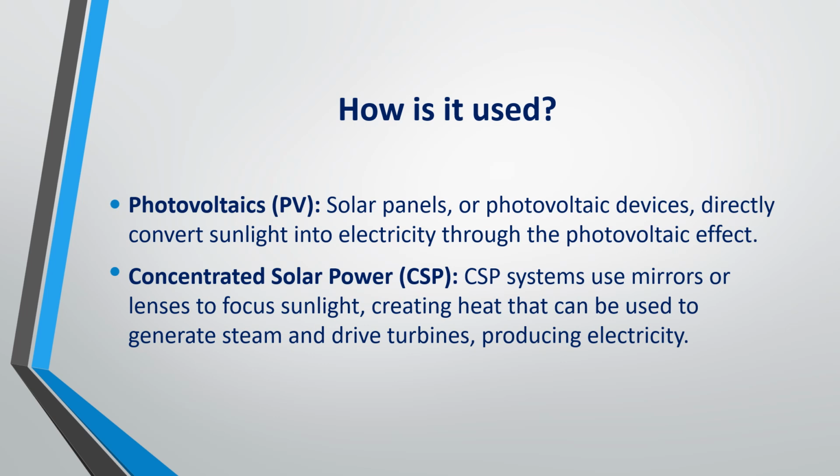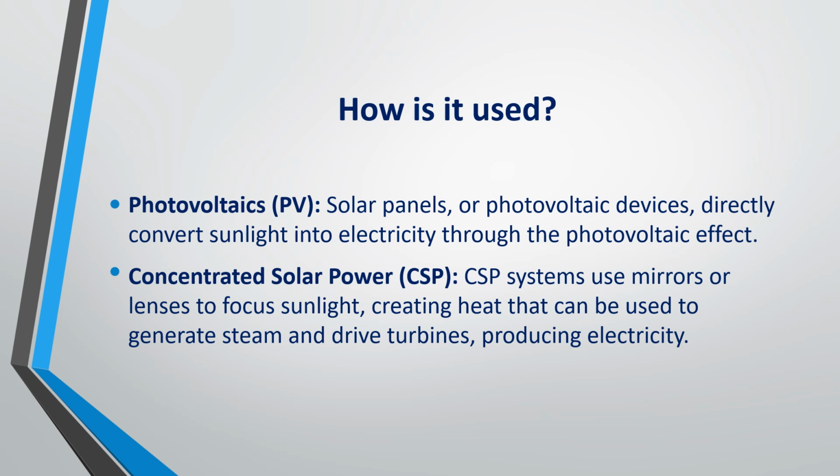Now, how is it used? Solar panels, or photovoltaics, directly convert the sunlight into electricity through the photovoltaic effect. There is yet another thing called concentrated solar power, or CSP in short.